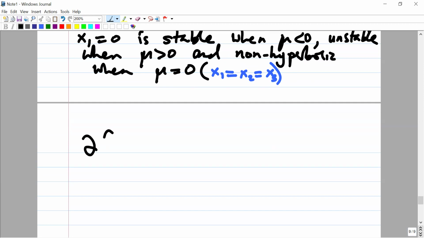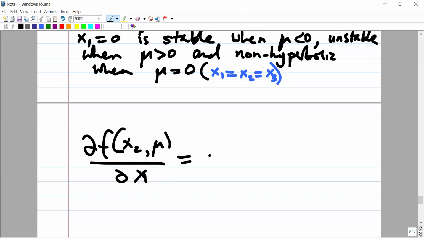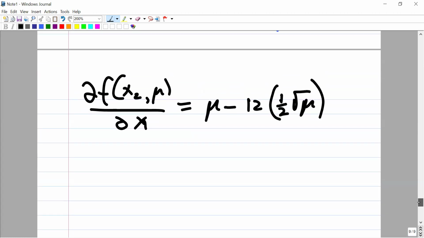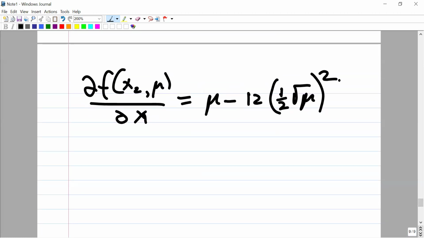Okay, let's try to check for stability of x2, which is equal to mu minus 12 times half times the square root of mu, squared.